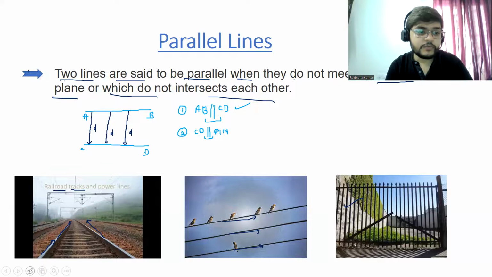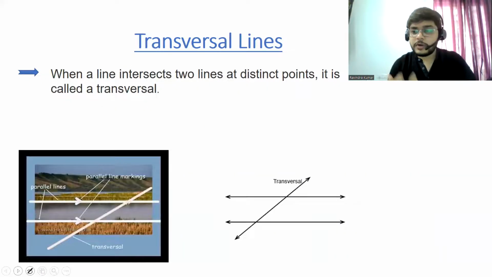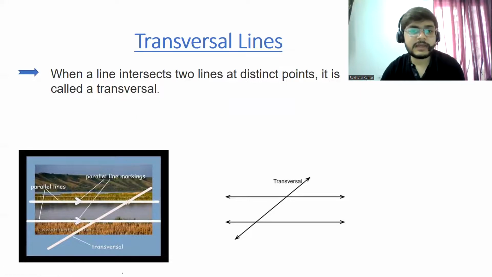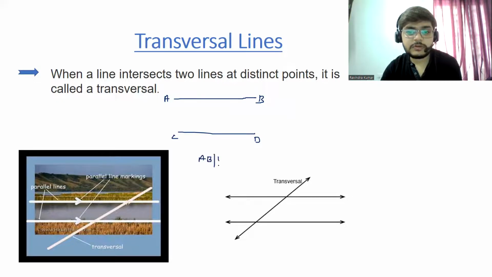Now let's move ahead. Next to the parallel line, it is the transversal line. So what do we mean by transversal line? Actually, let's say we have two lines. Let's say one is AB and the other one is CD, right? And these two lines are parallel. Let's say here AB is parallel to CD.